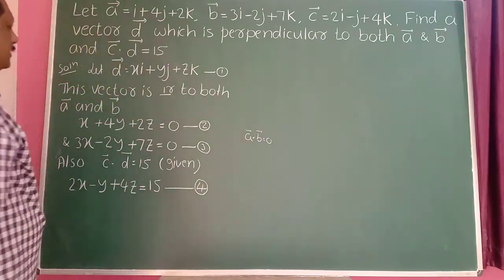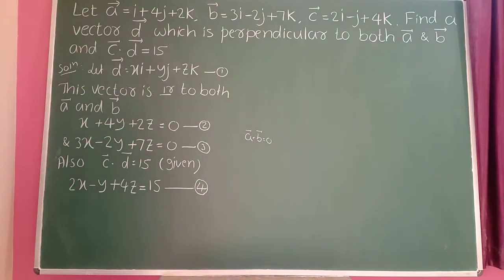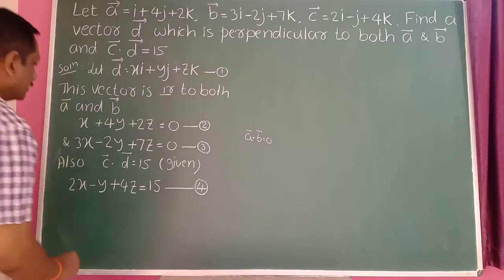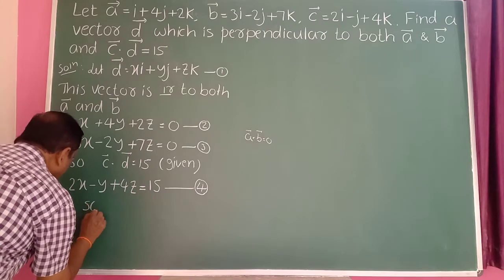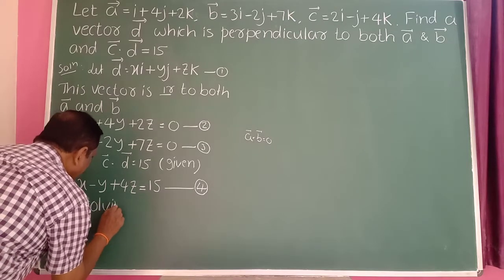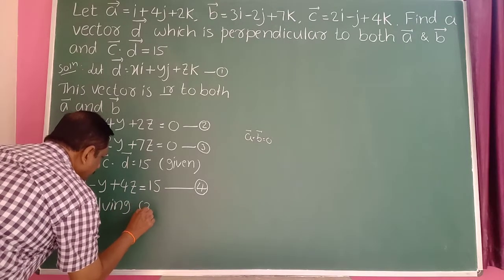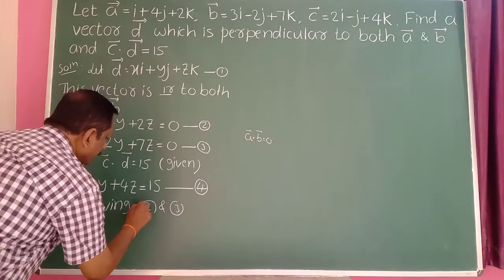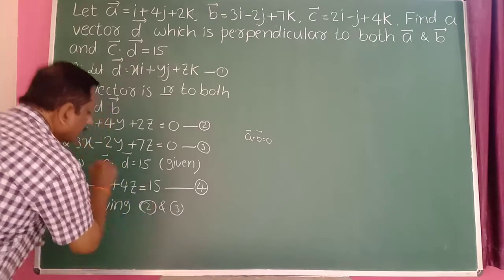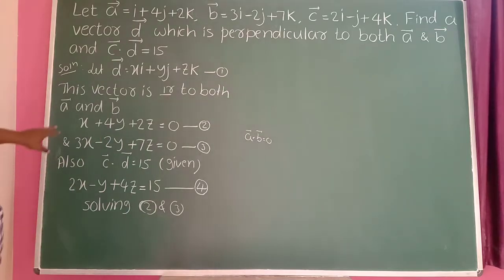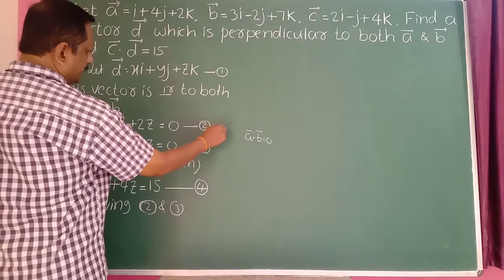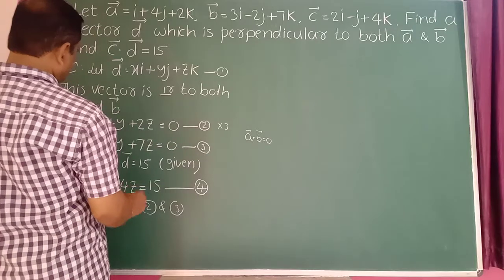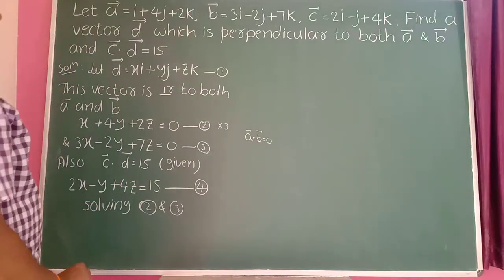Okay. Now solving equations 2 and 3. Multiply equation 2 by 3, then I can cancel x.